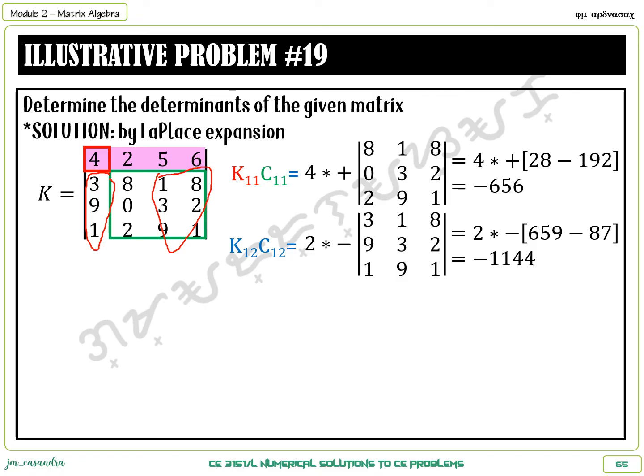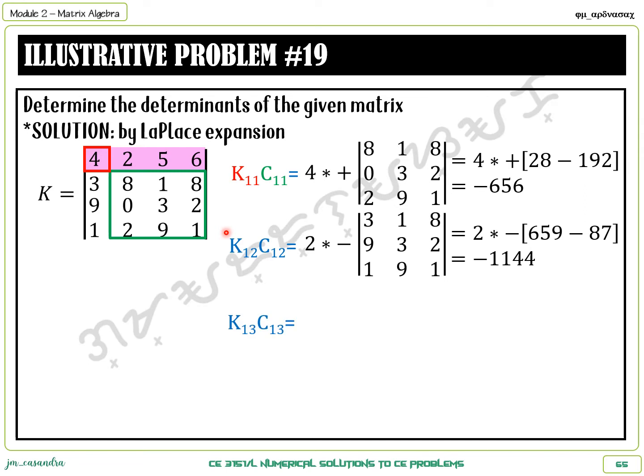And then we now solve for the next element 5, which is E13. So multiply it to its minor matrix or its cofactor.